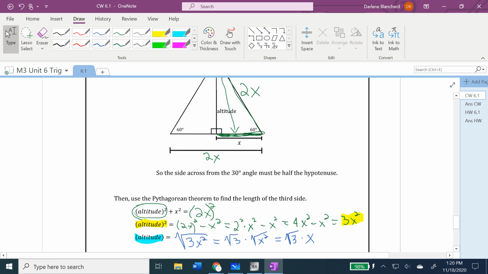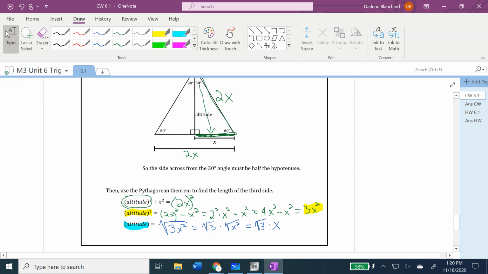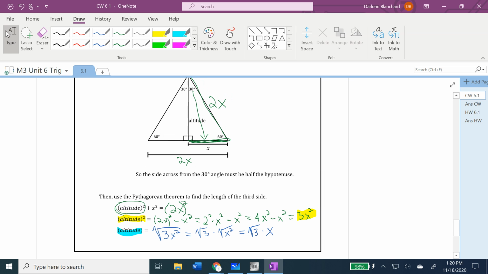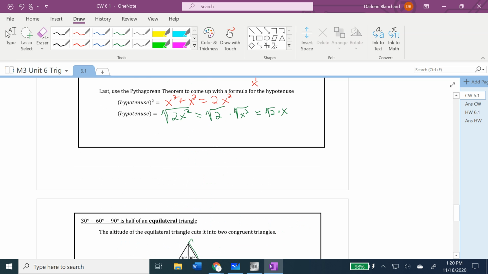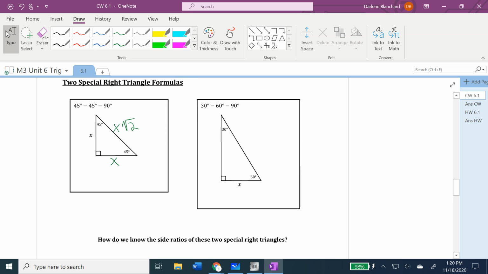So if you claim the side across from 30 to be x, then the side across from 60 is x times the square root of 3. And the hypotenuse is 2x. So let's go back up to the top and fill that in. This is 2x, and this is x times the square root of 3.